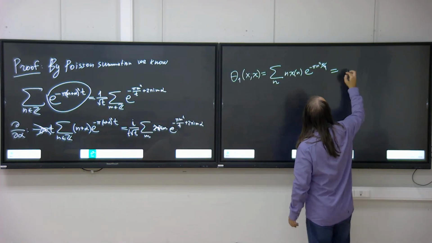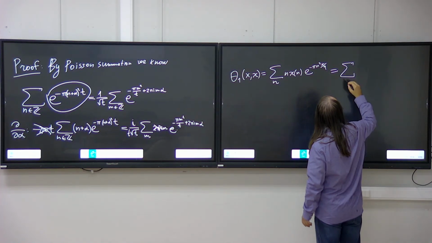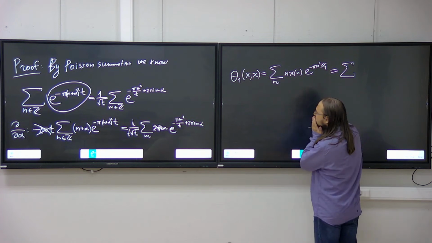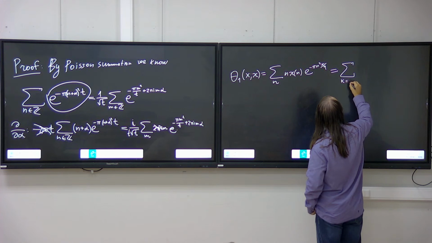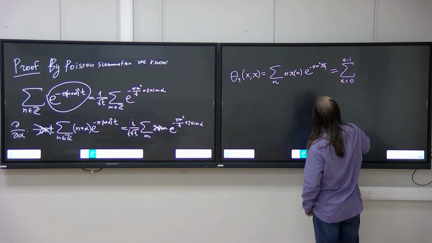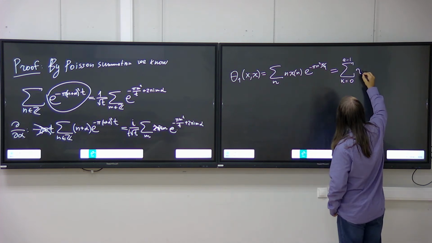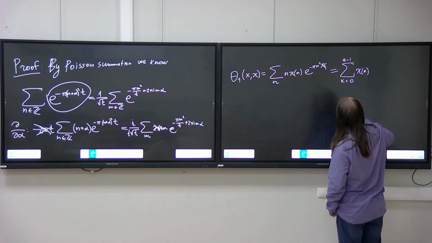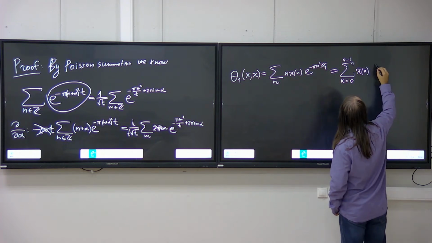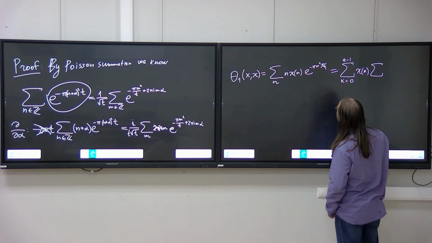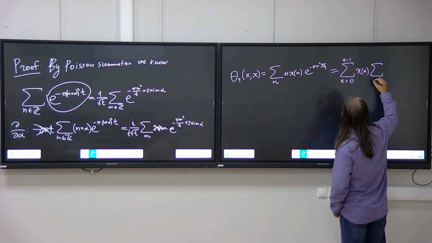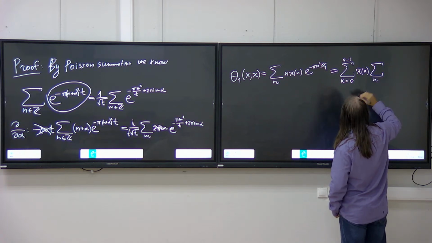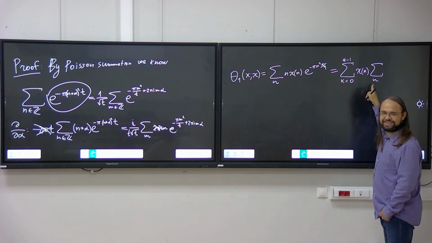So this will be equal to the sum over all k from 0 to q minus 1, then you get chi of k, and then you get the inner sum, sum over all, say, once again, n. This is a different n here.